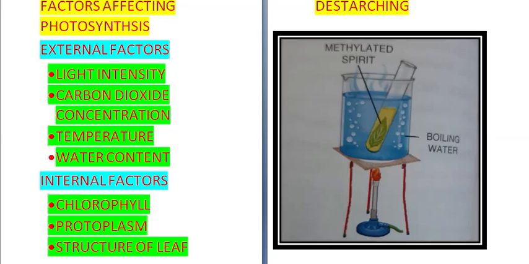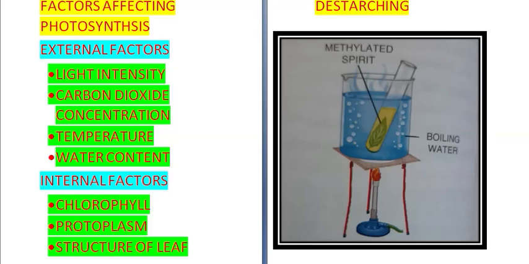Protoplasm, if it has less amount of water, if it is dehydrated, will reduce the rate of photosynthesis. Accumulation of sugars and starch also reduces the rate of photosynthesis. If protoplasm has excess of sugar and starch in it, then also the rate of photosynthesis will become reduced.